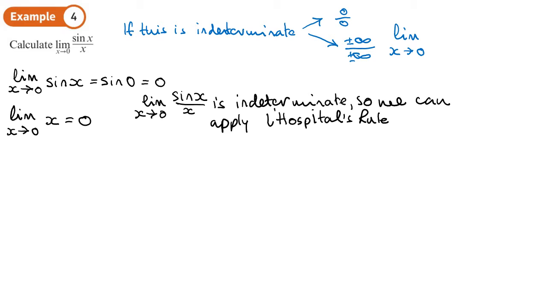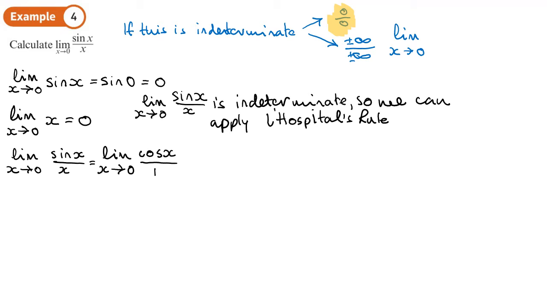Right, so because we end up with this, don't we? End up with 0 over 0, this is indeterminate, so we can apply L'Hopital's rule, which means actually now this limit that we're trying to find, sine x over x, is equal to finding the limit of the derivatives of those. So sine x differentiated becomes cos x, and then x differentiated just becomes 1.